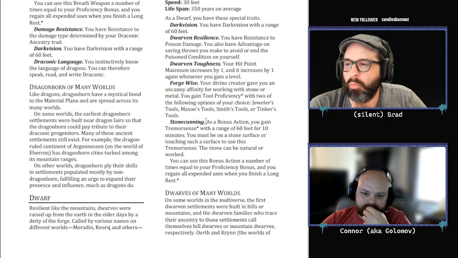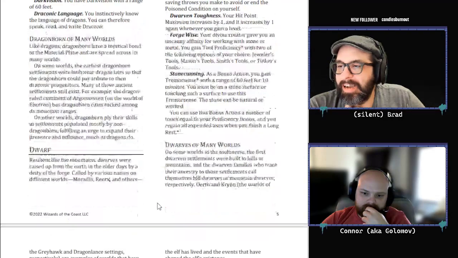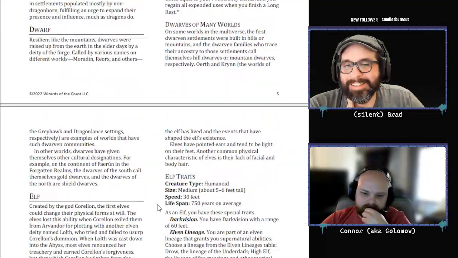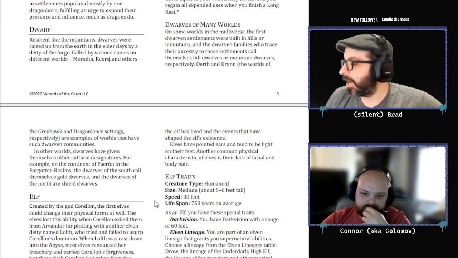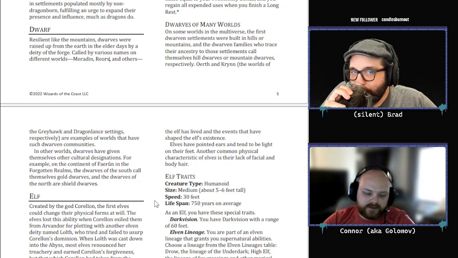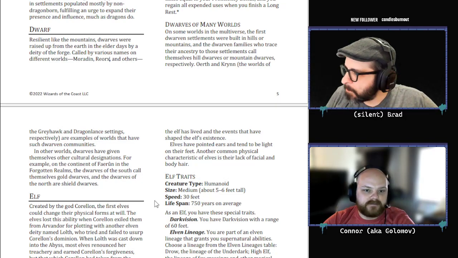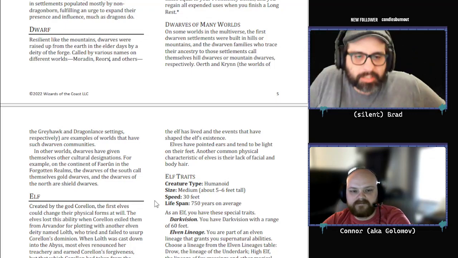Can be natural or worked, and you can use this up to your proficiency bonus per long rest. I think that's really cool. It's powerful, but it's also limited. Basically, you can feel stuff touching that surface.